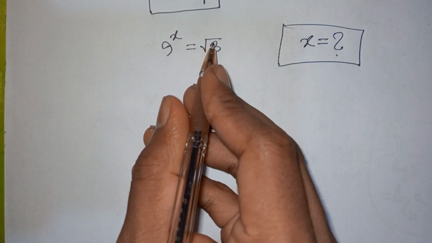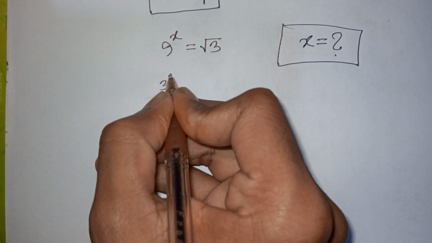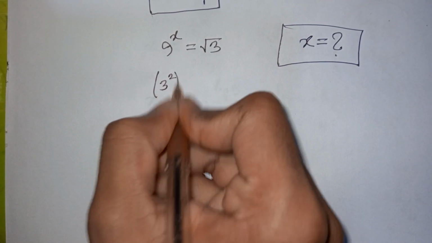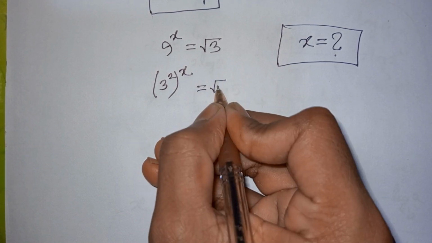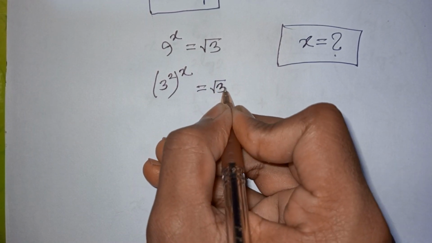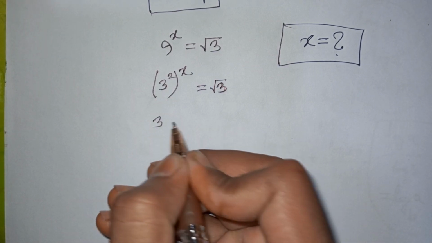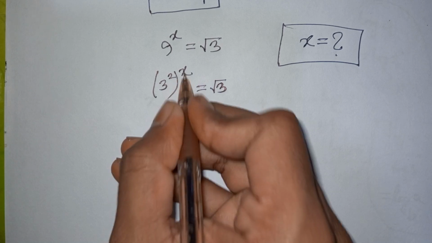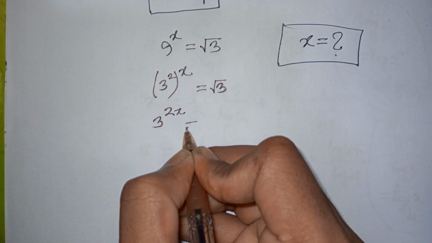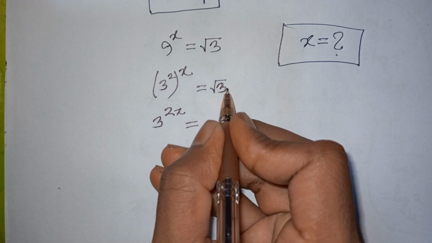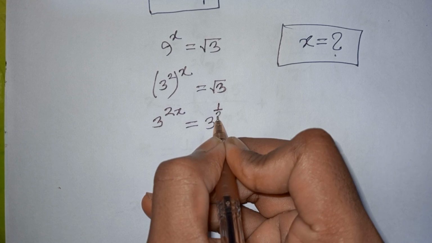9^x is equal to square root of 3. Find the value of x. So 9 is the same as 3 power 2, bracket power x, is equal to square root of 3. In the next step, I have 3 power 2 times x, so it will be 2x, is equal to square root of 3, which is the same as 3 power 1 by 2.